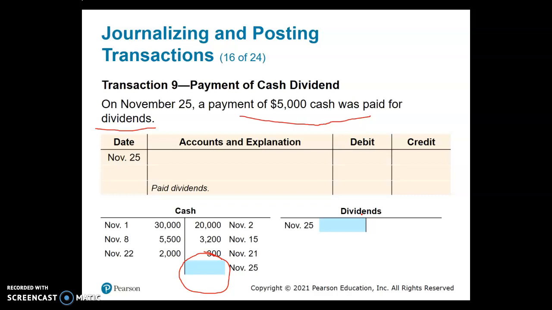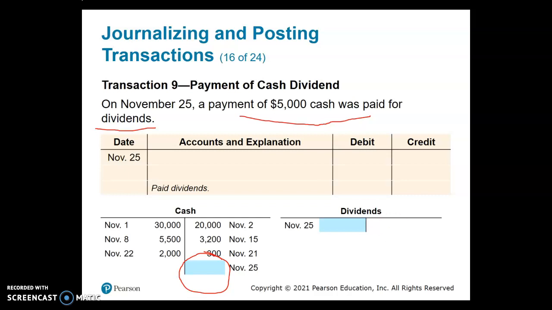Even though cash is going down because we're paying it with cash, our total dividends, the amount of money that we are distributing to our shareholders, just went up. We're paying our shareholders money. The total dividends were zero before November the 25th, but now we're issuing dividends.